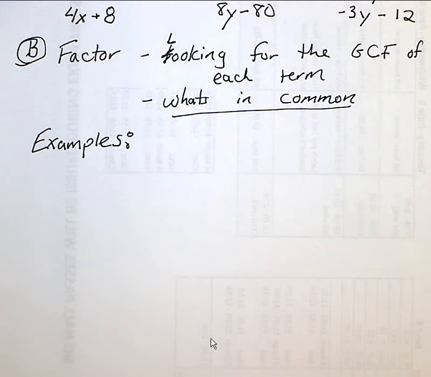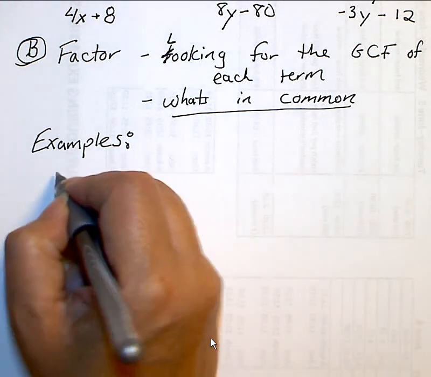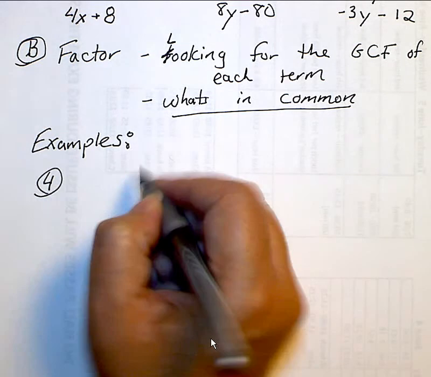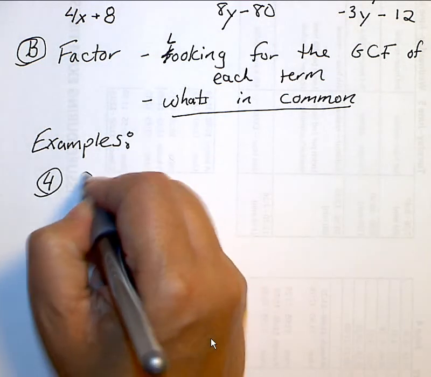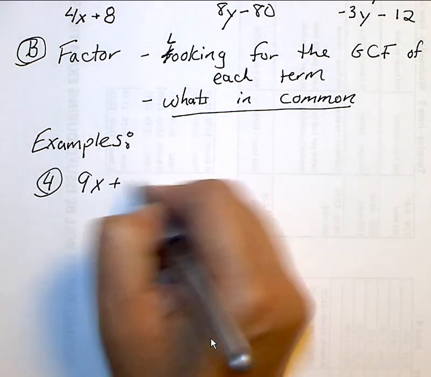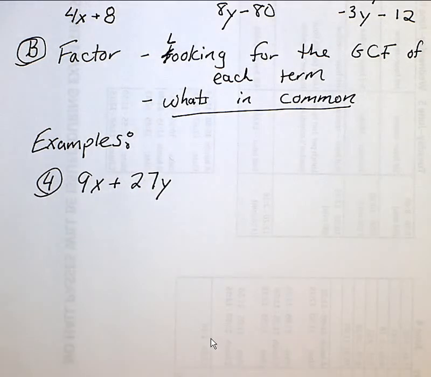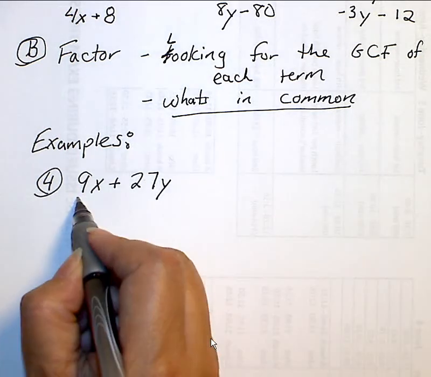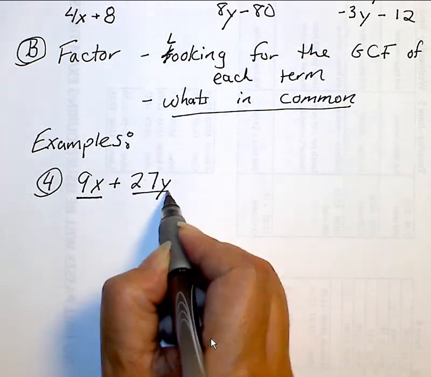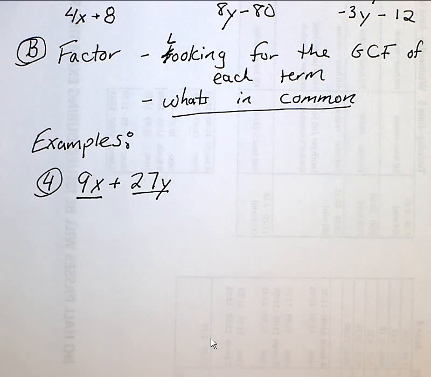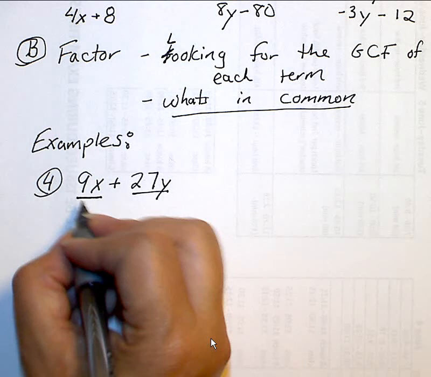So, all right. So we have here the fourth one is going to be 9x plus 27y. So you have to ask yourself, what is in common with this term that is with this term? The number, which is the number 9, right? So 9 is in common with both of them.